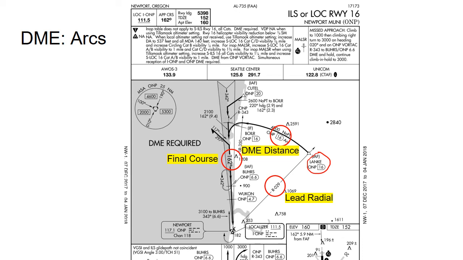So to fly this, if we're following Victor 182 outbound from the Newport VOR in this direction, we fly along the 029 radial and wait until the DME shows 15.5 nautical miles and lead our turn by a half a mile.